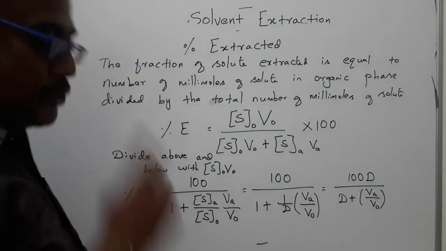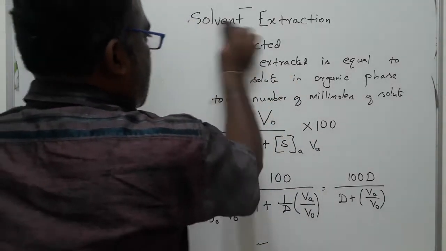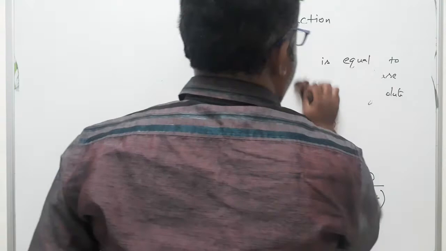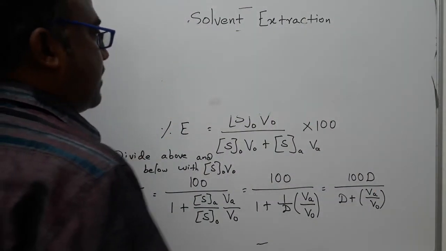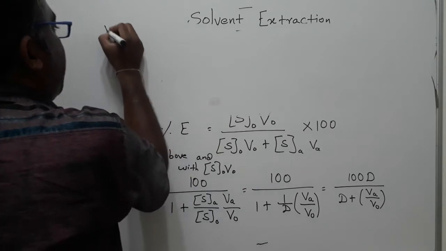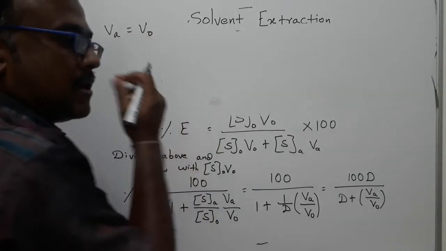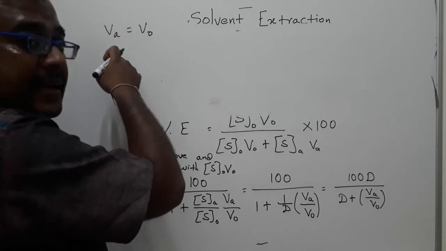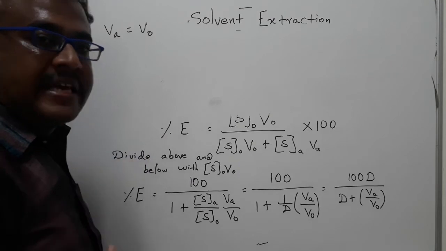Okay, let us make a case. In case you use equal volumes, that means VA and VO are the same, that is, the volume of aqueous, the volume of water, as well as the volume of any organic solvent, that may be dichloromethane or ether, anything.